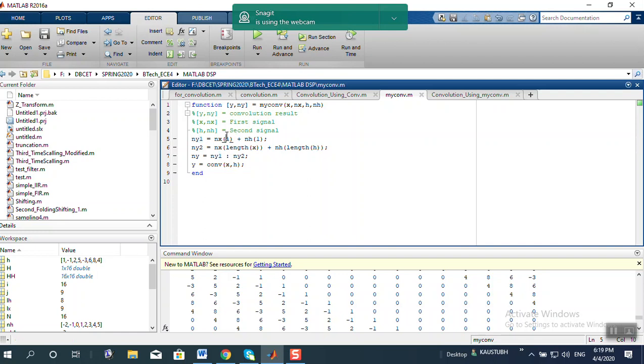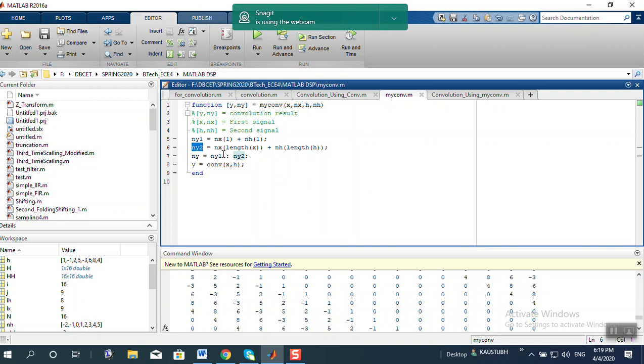Now this is the starting time, but the ending you don't know, because in a generalized program you may have any length of signal, any length time indexed. As you know, the ending time is the ending time of x plus the ending time of h. But in this program it is generalized, so it does not have prior knowledge about the ending time index.